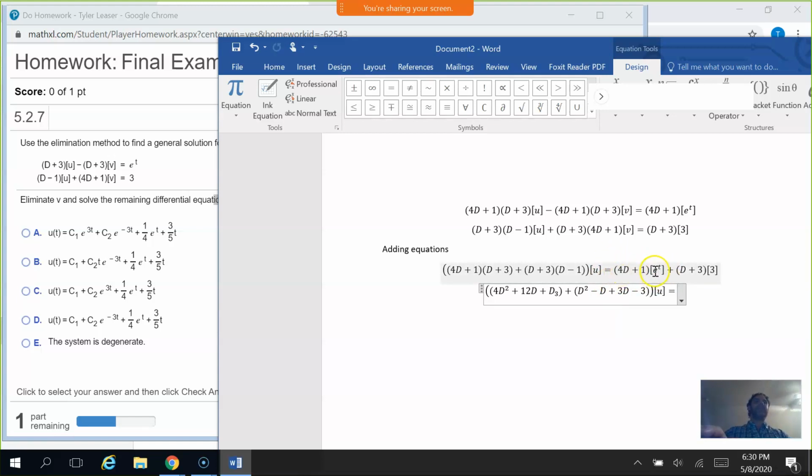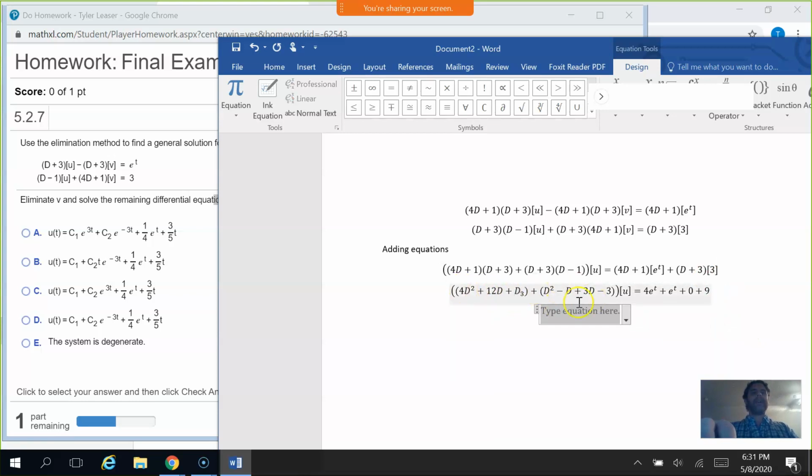Remember that this capital D just means to take the derivative. So this is going to be taking the derivative of e to the t and then multiplying by 4, which is just 4e to the t. The 1 acting on e to the t is just going to be 1 times e to the t. Then over here, the D acting on the 3 says to take the derivative of a 3, which is just 0. Plus the 3 acting on 3 says to multiply. 3 times 3 is 9.